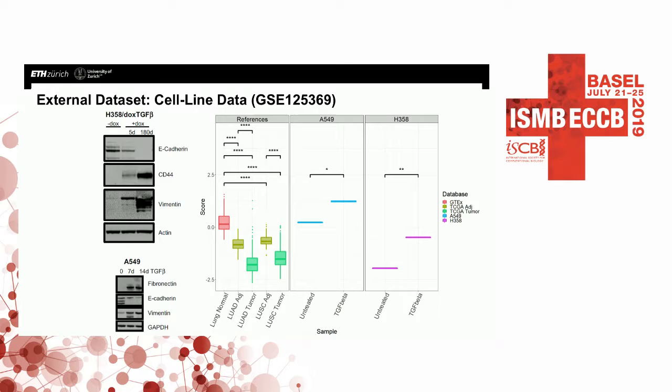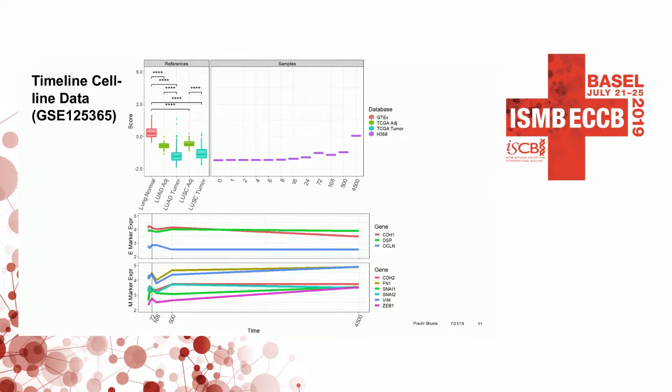And our score also reflects this. You can see that the mesenchymal character of the tissue does increase when TGF-beta is applied, and our score scores it as mesenchymal.